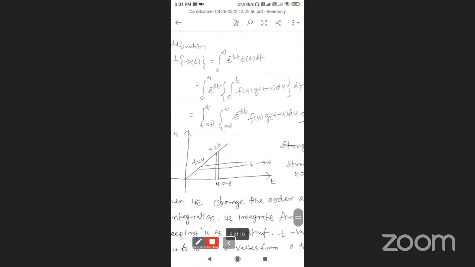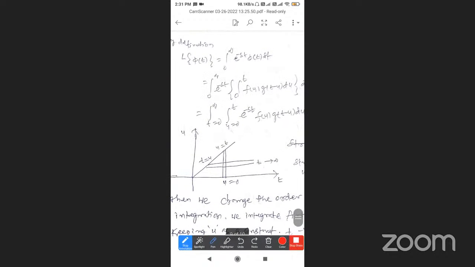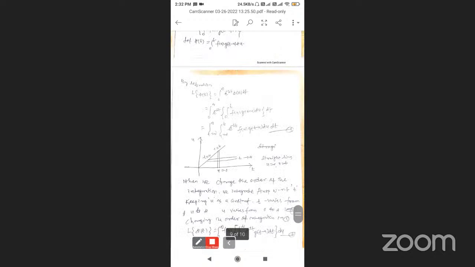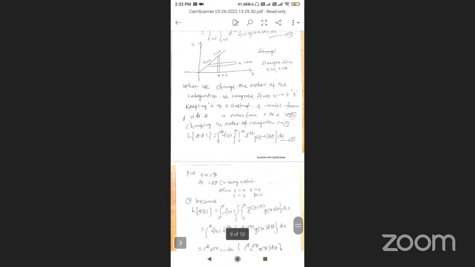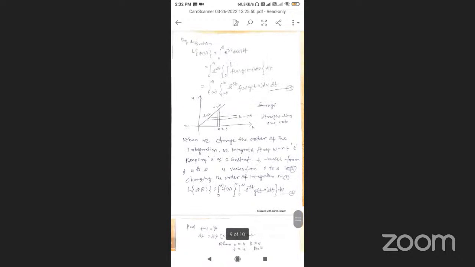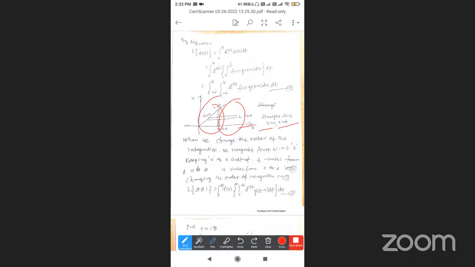This is t equal to 0 to infinity, u equal to 0 to t, e power minus st f of u into g of t minus u du dt. This is equation 1.